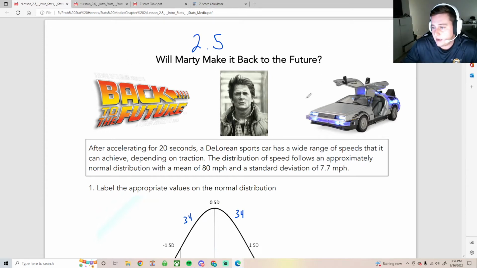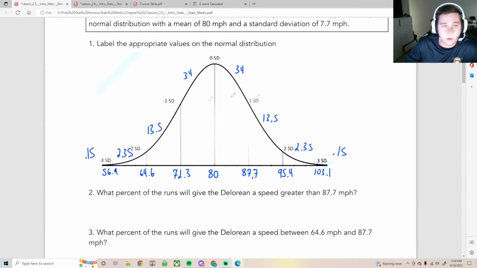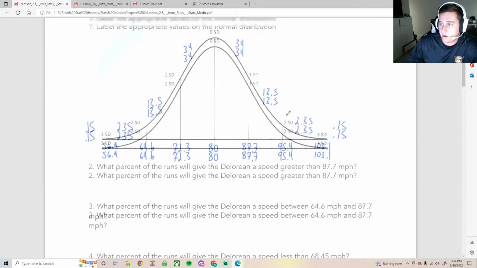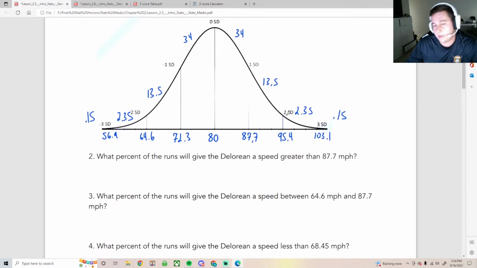I've gone ahead and taken the number one and labeled all the pieces of the normal distribution. That's because questions 2, 3, and 4 ask us to approximate, or calculate, the percentage of speeds between, greater than, or less than a particular value.